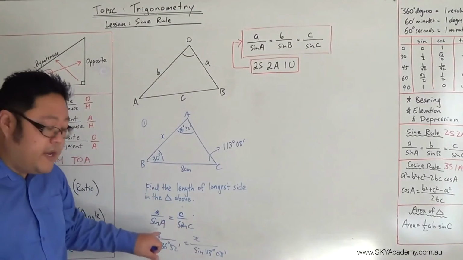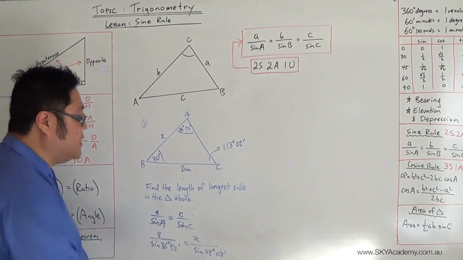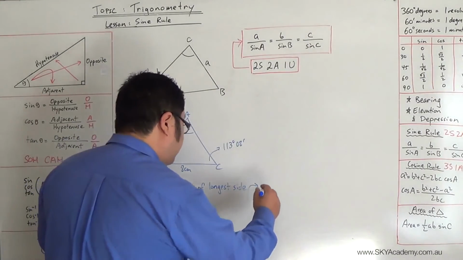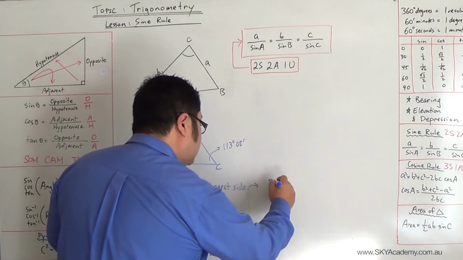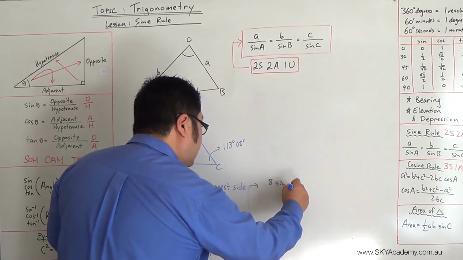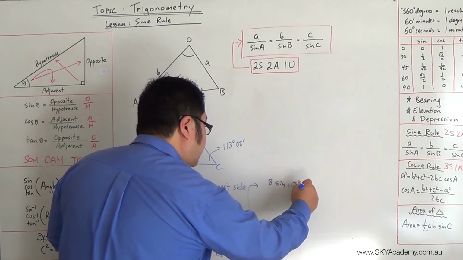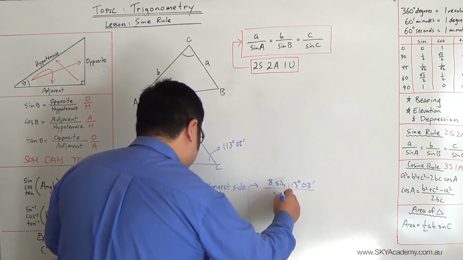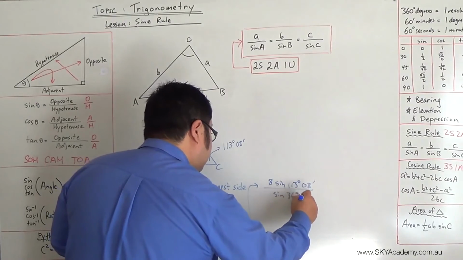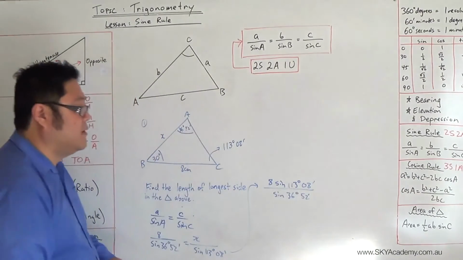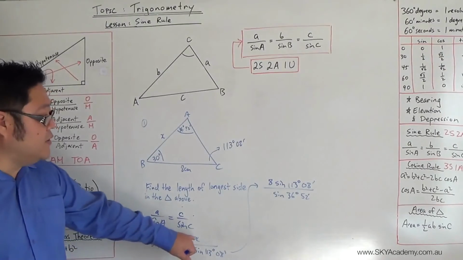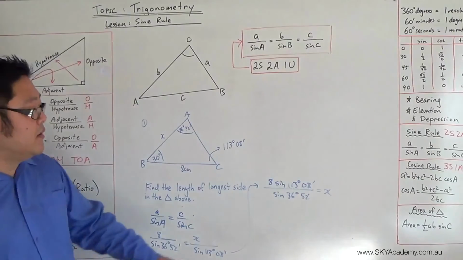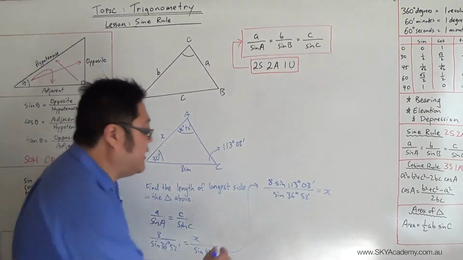Now it just becomes a matter of rearranging this. So we've got 8 sine 113 degrees 8 minutes all over sine 36 degrees 52 minutes, which gives you x, your unknown.